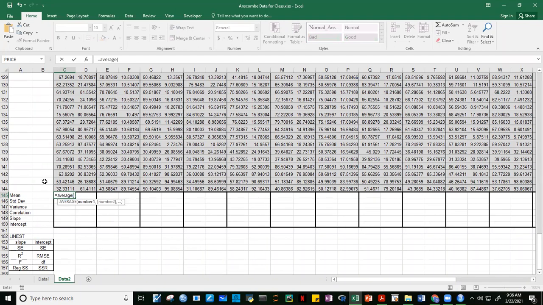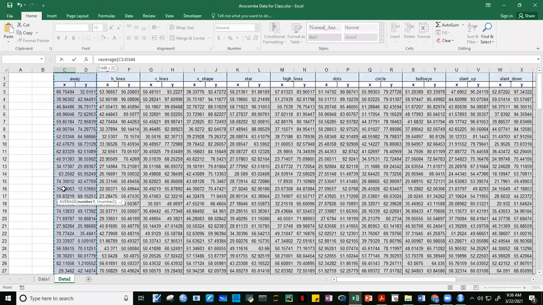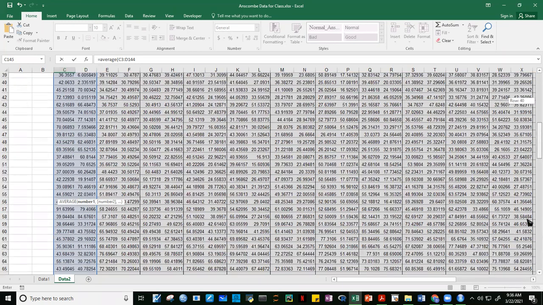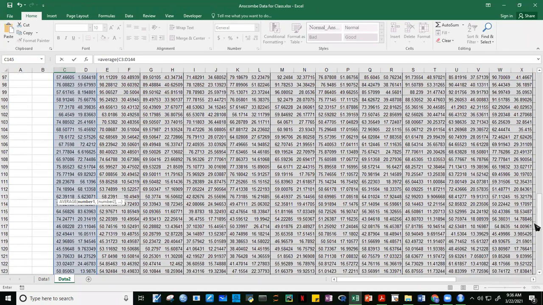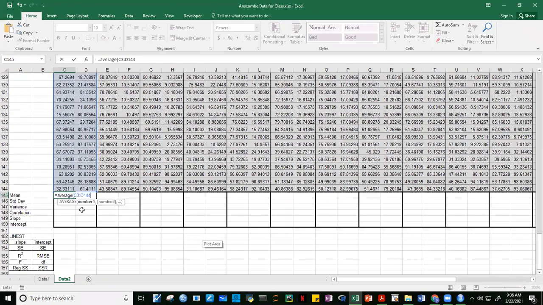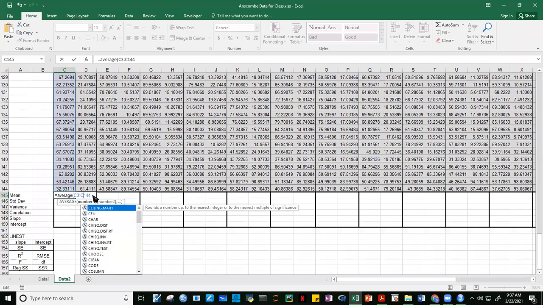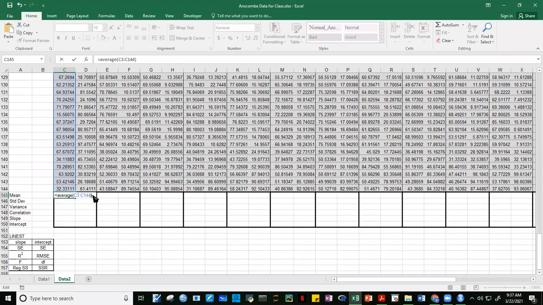Solve one. Oops, it should be C. Okay, I'll just show the first two.